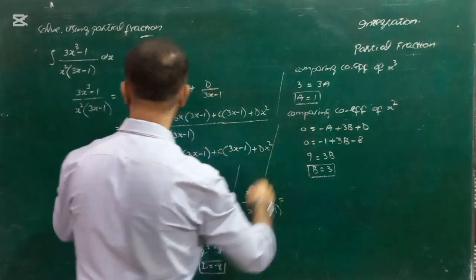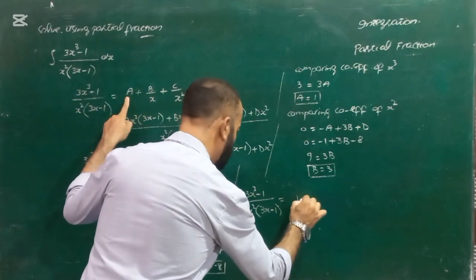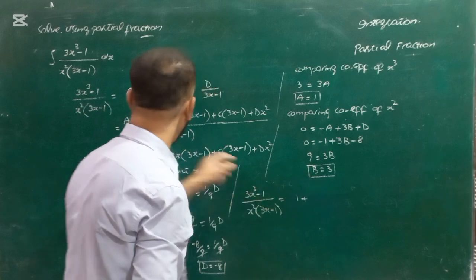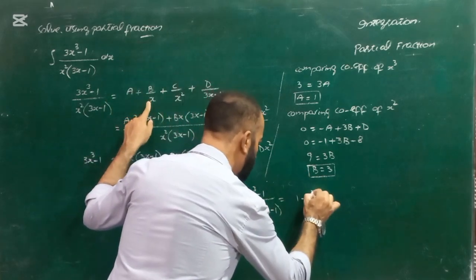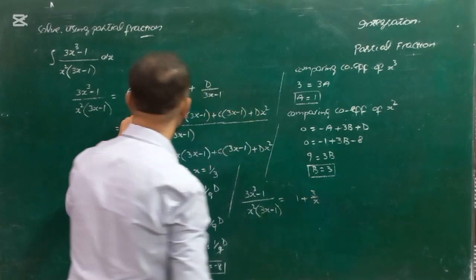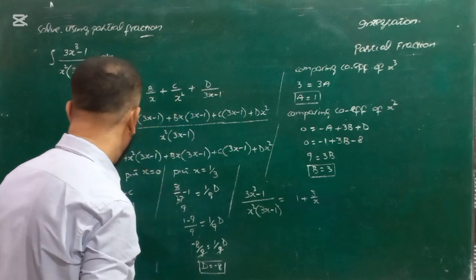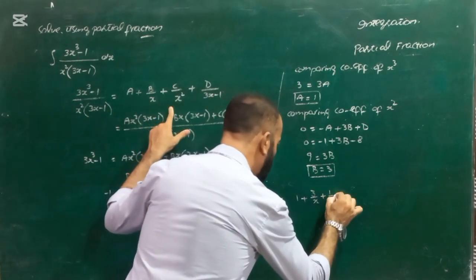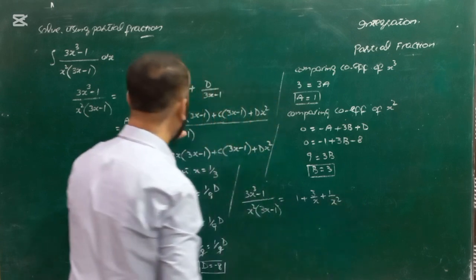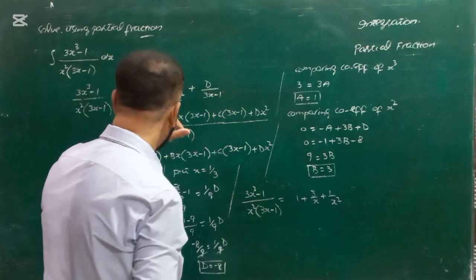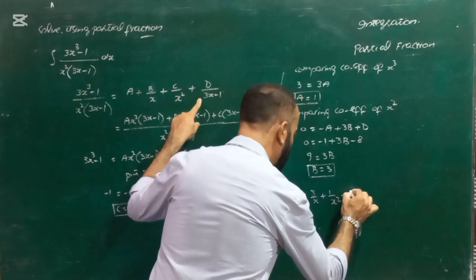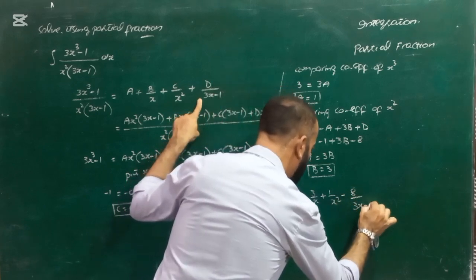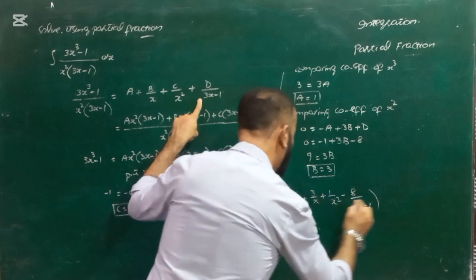So a is 1, so 1 plus, b is 3, so 3 over x, c is 1, so 1 over x square, and finally d is minus 8, so minus 8 over 3x minus 1.